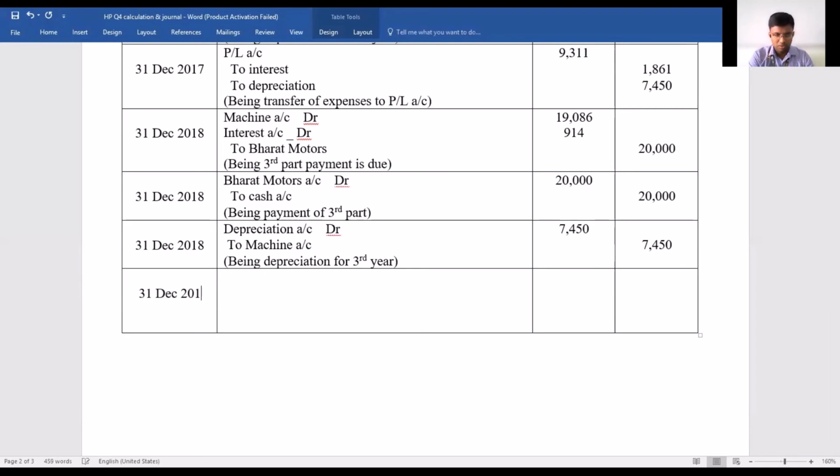31st December 2018, profit and loss account to depreciation account 7,450 to interest account 914.